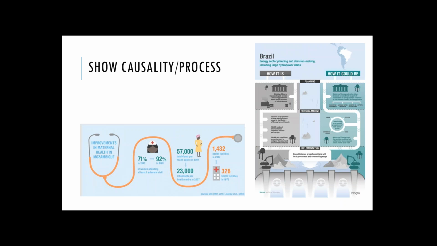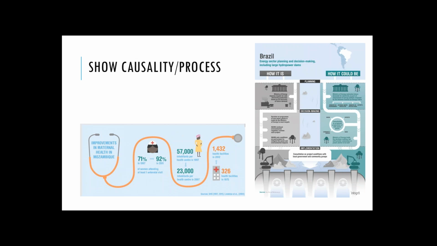Okay, the fourth example of some infographics, this time showing causality and process. The infographic on the left is showcasing the improvements that Mozambique has made to maternal health care and the different drivers that have led to its reduction in maternal mortality.